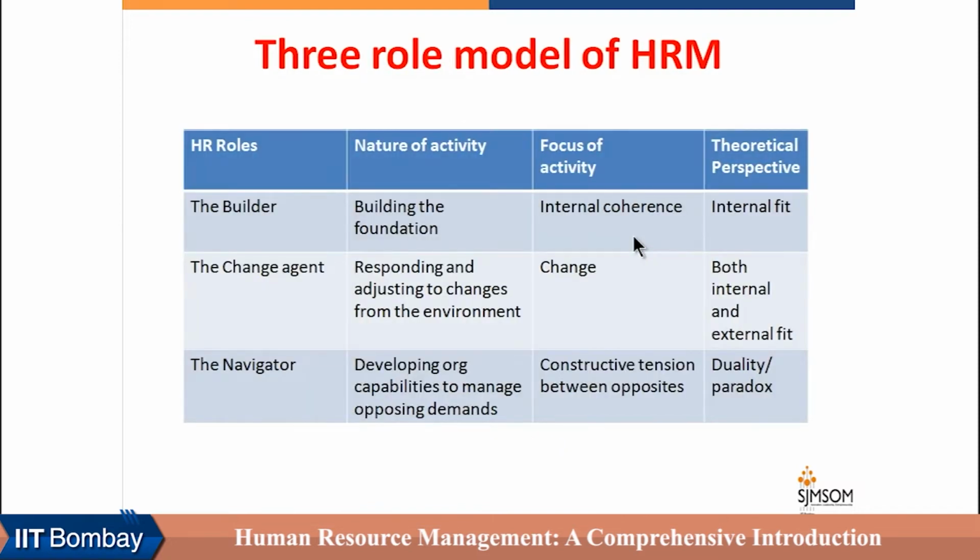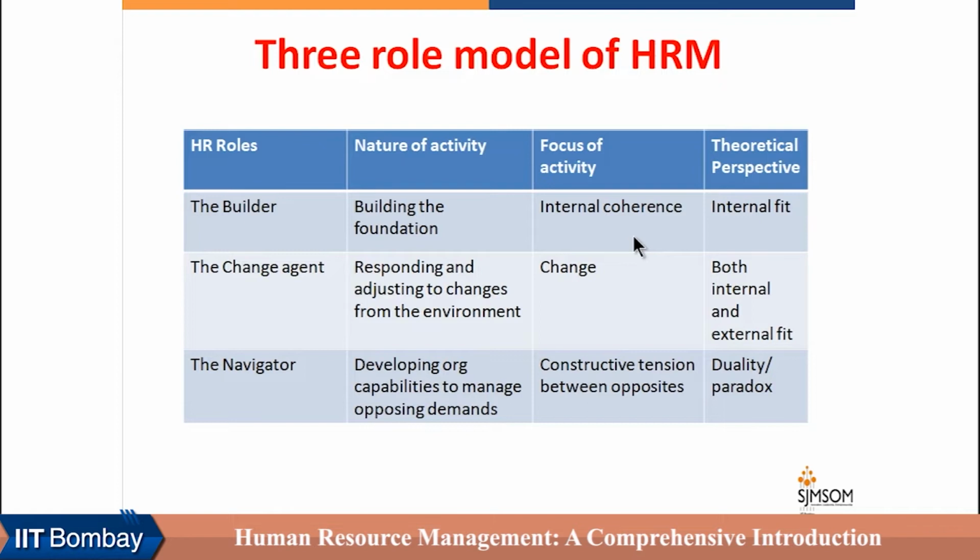Role of HRM in a multinational organization is understood to have 3 models. This is similar to the role of HRM we studied in Ulrich's typology about people and process orientation, and we discussed in the very first session the different roles of HR like strategic partner, change agent, administrative expert.